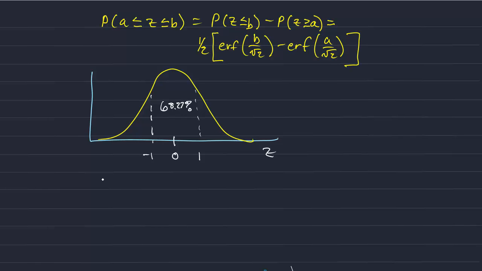Remember z equals plus and minus 1 corresponds to x equaling plus and minus the standard deviation. So one standard deviation encompasses 68.27% of all the points.